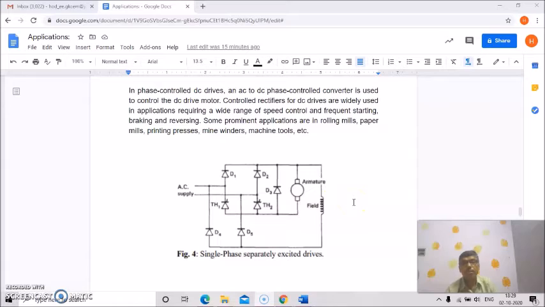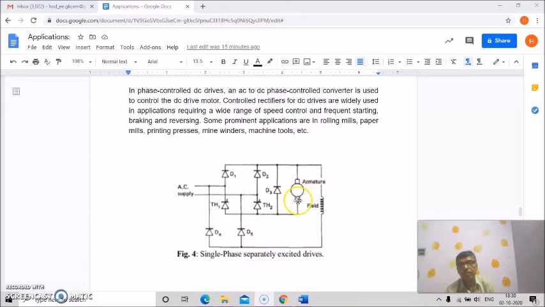This phase control AC to DC converter is used to control the DC drive motor, and controlled rectifiers for DC drives are widely used in applications requiring a wide range of speed control and frequent starting, braking and reversing. Some prominent applications, as I told you, are in rolling mills, paper mills, printing mills, mine winders, machine tools, etc. And so this is the circuit diagram.